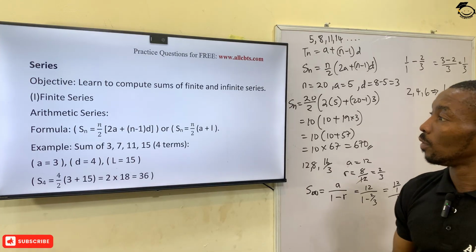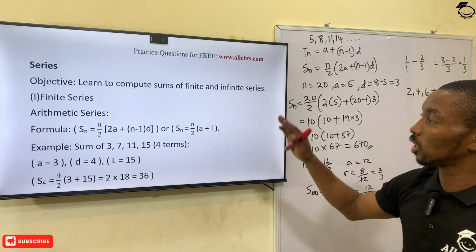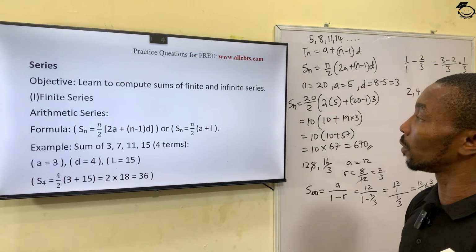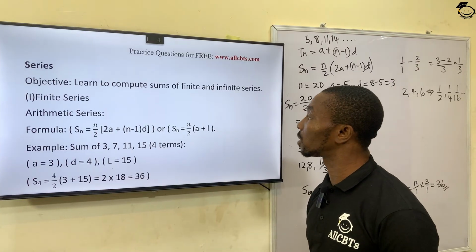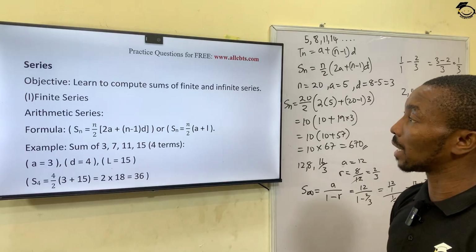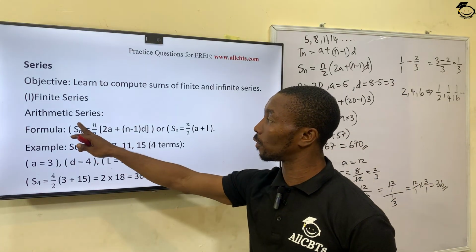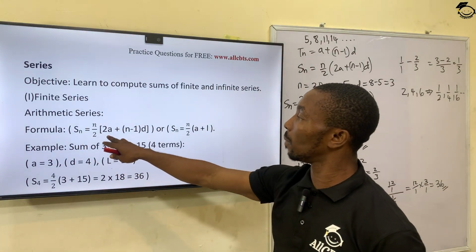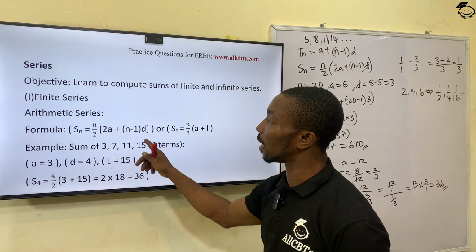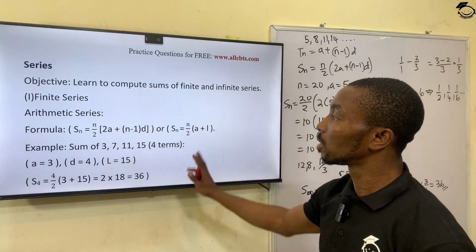Now this is just a recap of all we've done before. We've talked about series and how to calculate its sum of terms. Now we have the finite series, and for the arithmetic series, those are the formulas for calculating the sum of terms in our arithmetic series.